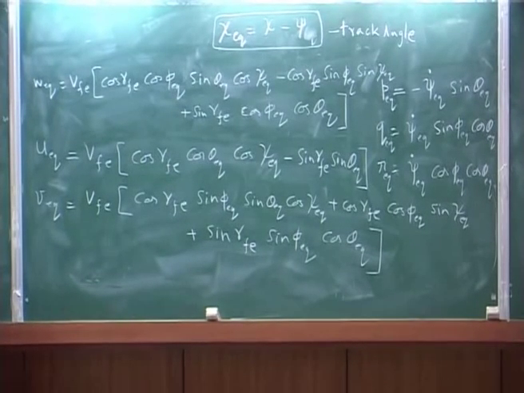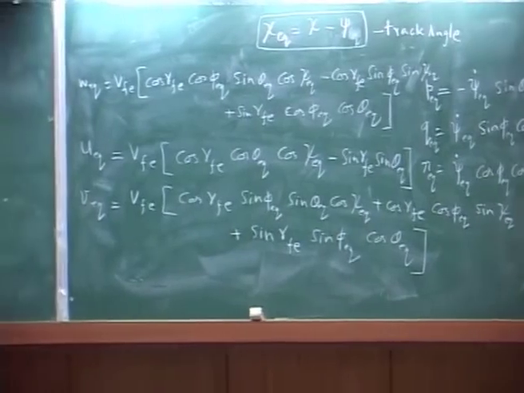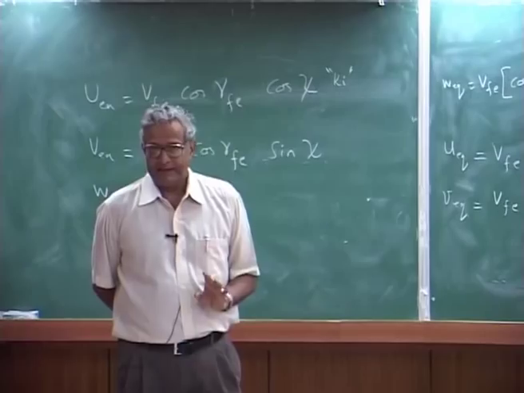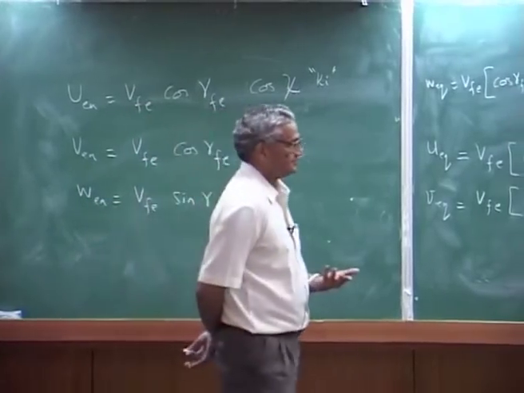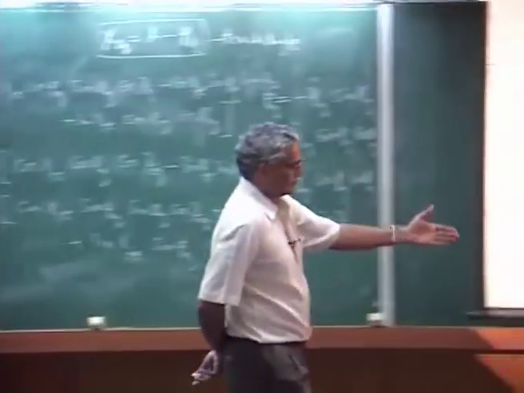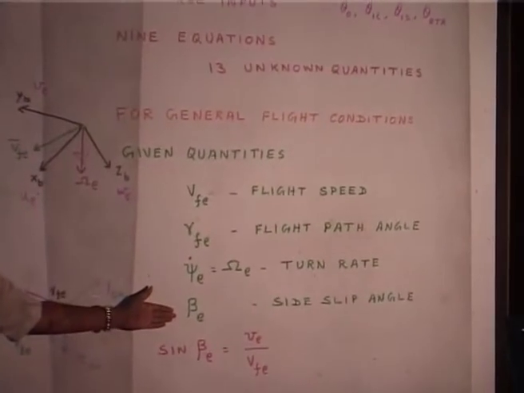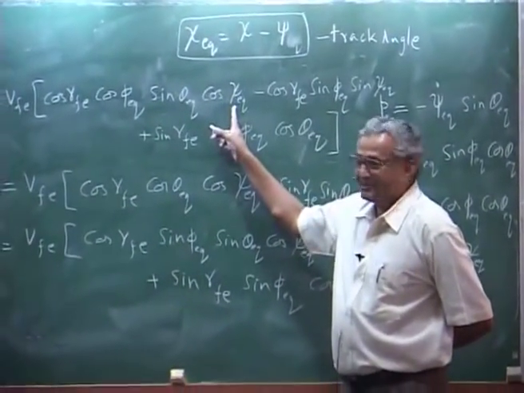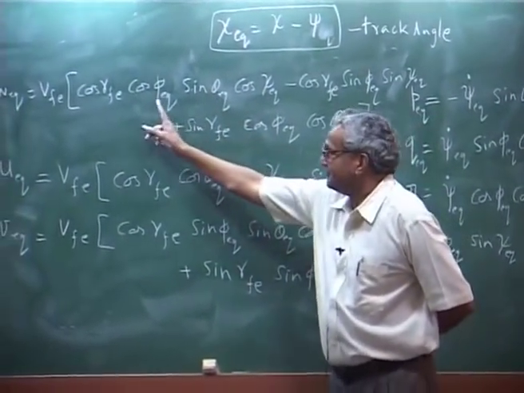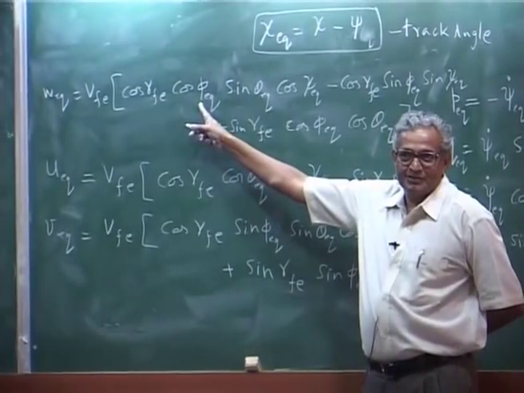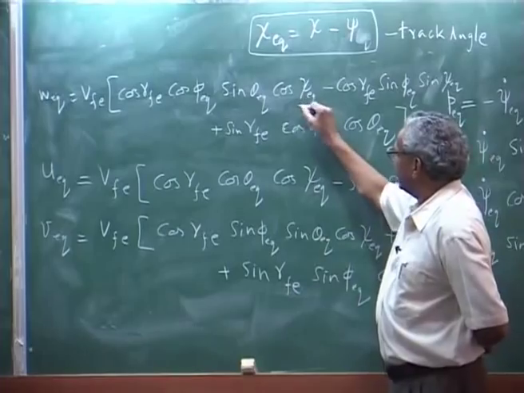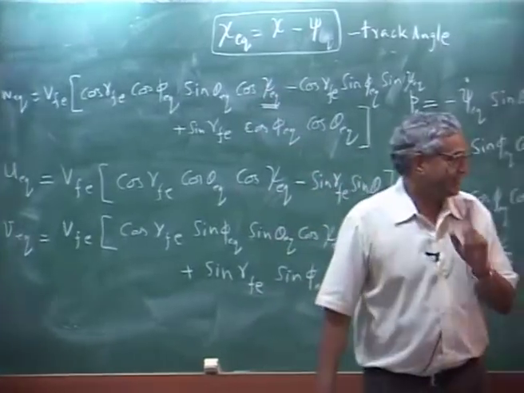You follow what I am saying? That means, if I want to get the velocity along the body axis, given the quantities of these four, I still need to know three: chi equilibrium, theta equilibrium, phi equilibrium. So, what I do is, I first go and solve for how I define my chi equilibrium.